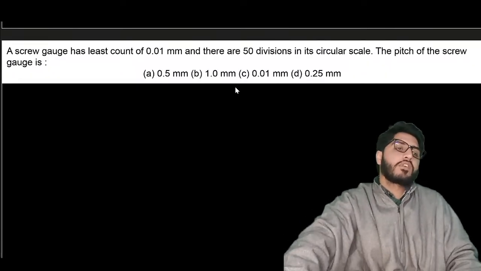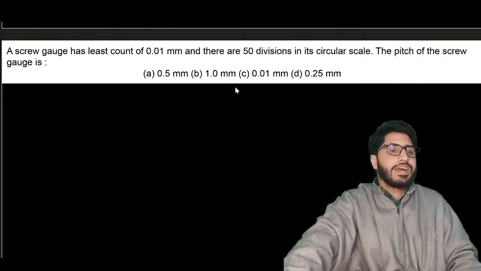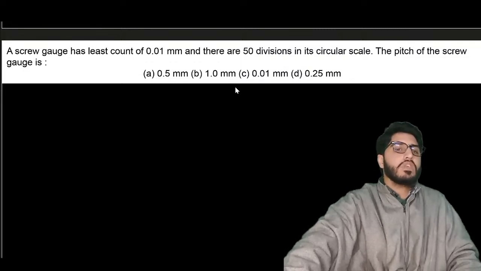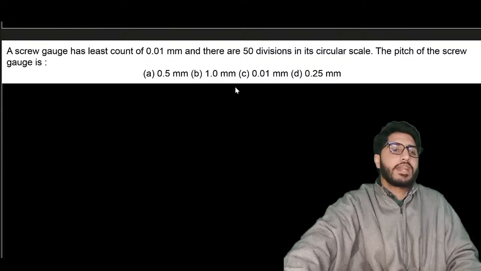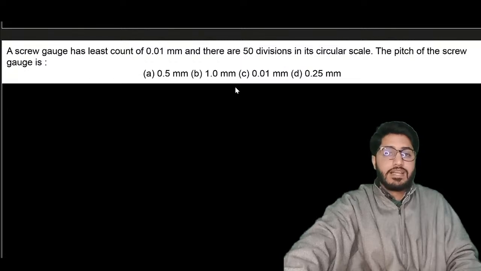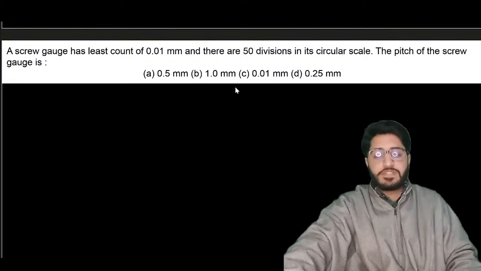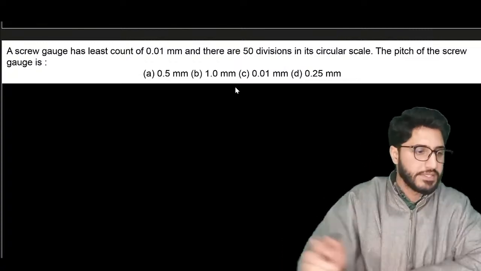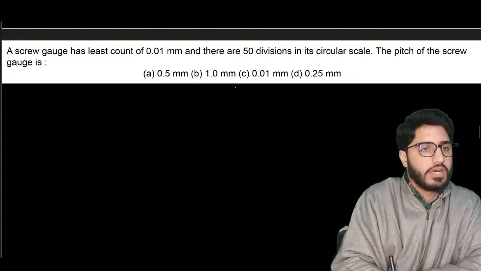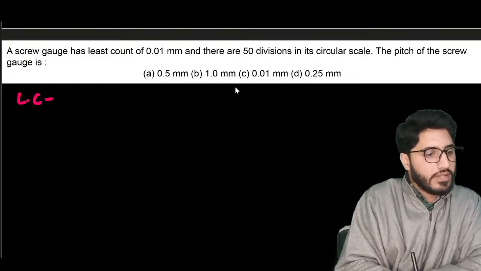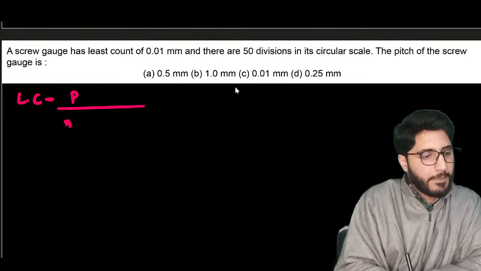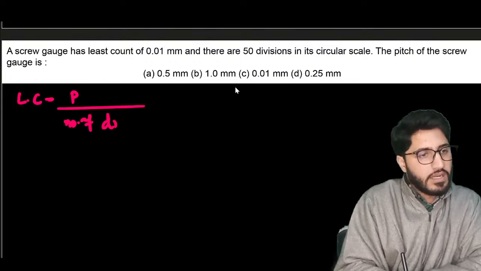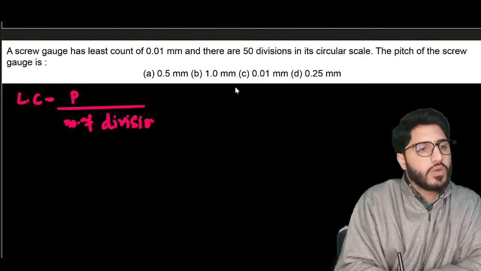Now, one more numerical from the screw gauge. A screw gauge has a least count of 0.01 mm, and there are 50 divisions in its circular scale. The pitch of this screw gauge is, so we have to find out its pitch. We knew that least count is equal to pitch divided by number of divisions.